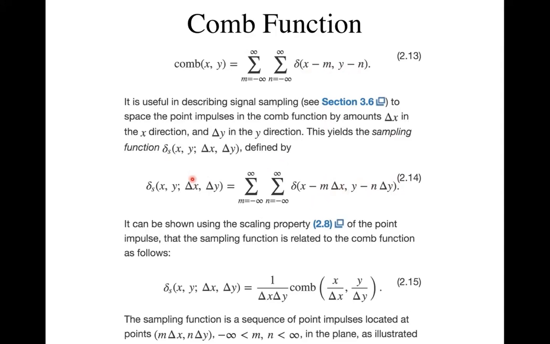So every delta x, say every 0.1 centimeters, and every 0.1 centimeters I can have a sample spike, and I'll just count them out with these integers m and n. The relation of this sampling function to the comb function is just this equation here, just by looking at the analytical form of the comb function.